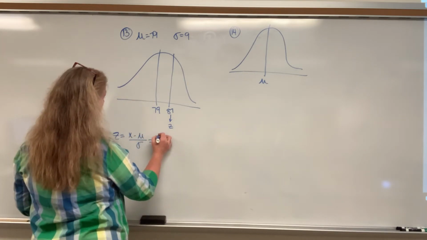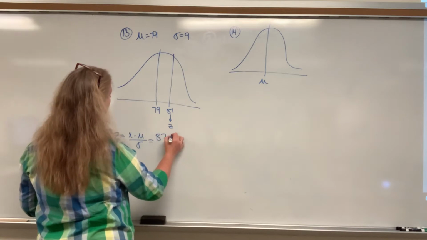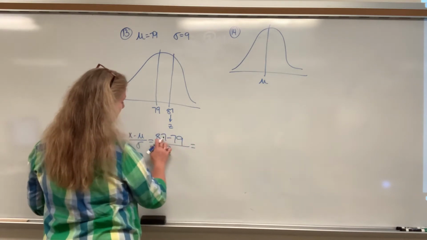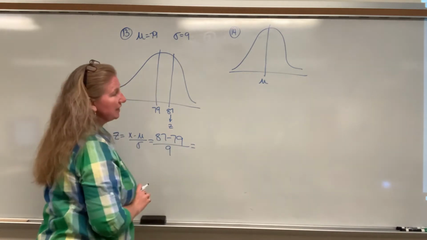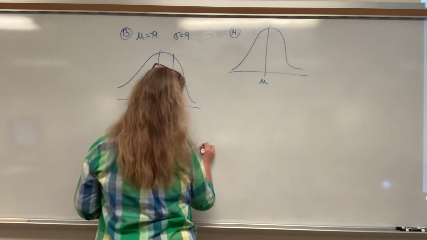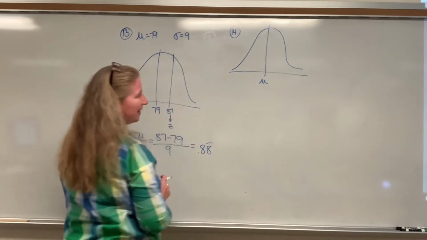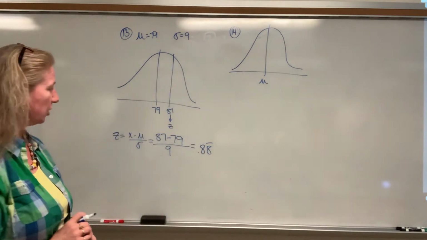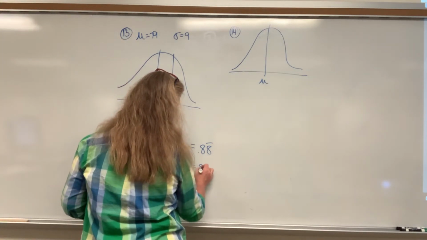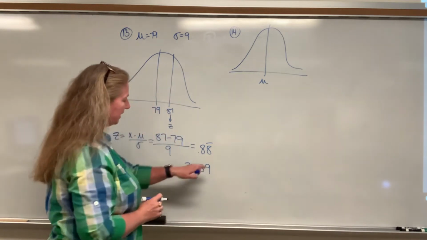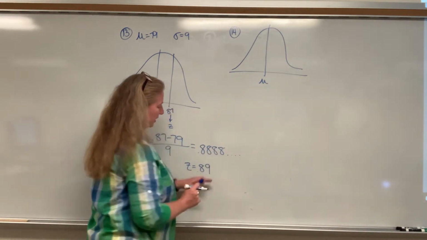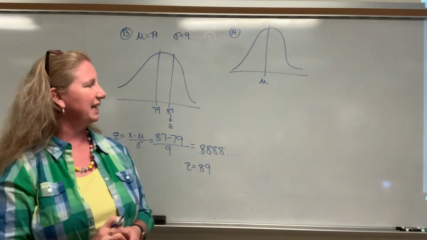So 87 minus 79 over 9. 87 minus 79 is 8, divided by 9 is 0.88 repeating. That's the z-score. On my z-chart, I would round that to 0.89, because really this goes 0.8888 and goes on.